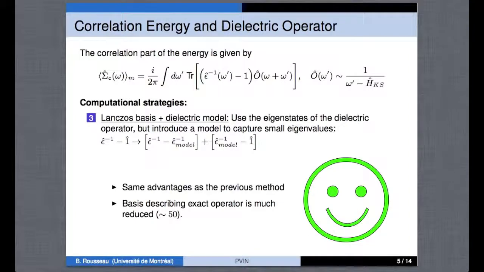So the computational strategy that we adopt is to separate this operator into two parts. Namely, we add and subtract a model dielectric operator, which is much easier to handle. So it has the same advantages as the previous method, but it significantly reduces the number of eigenstates we need to compute for this difficult operator.